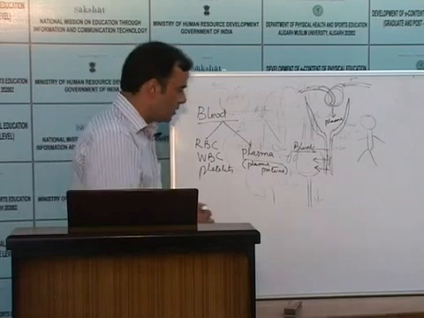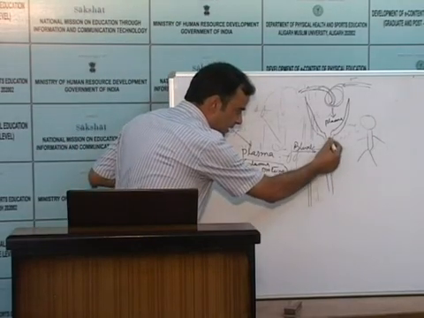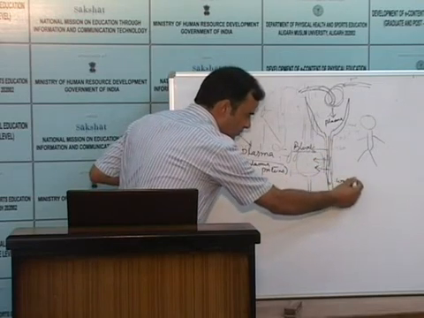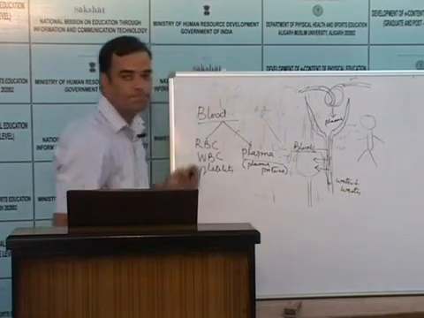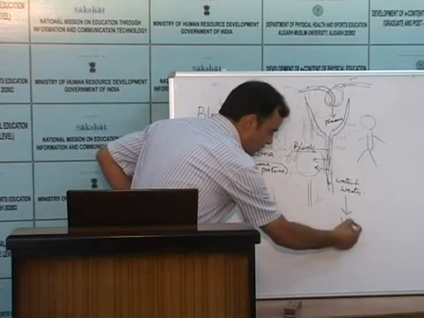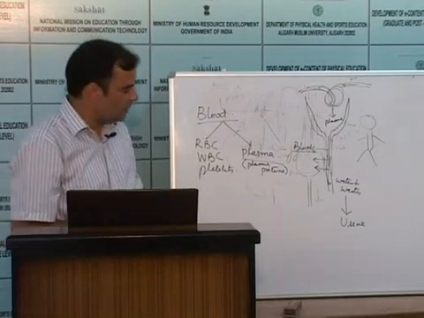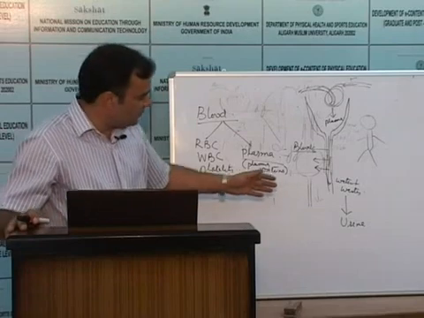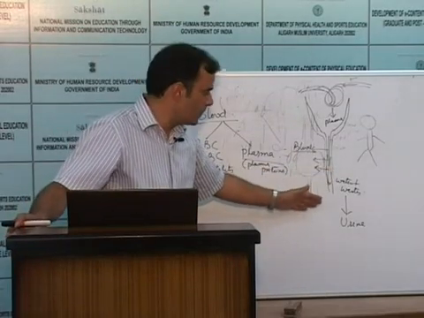In this way, the substances that are left inside this tube are water plus wastes. So this is what is finally called urine. This is a very efficient way in which kidneys excrete waste matter along with water from the body.